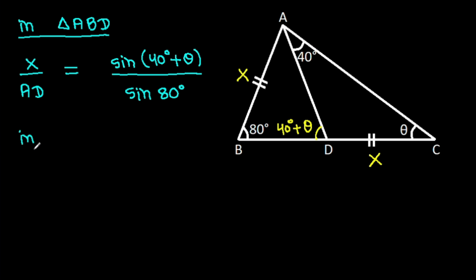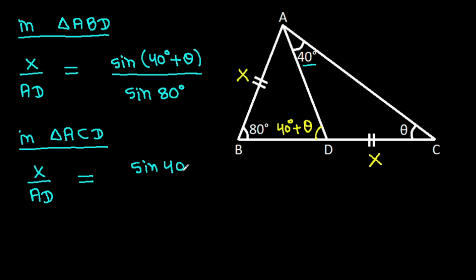And in triangle ACD, X over AD will be equal to sin 40 degrees over sin theta.